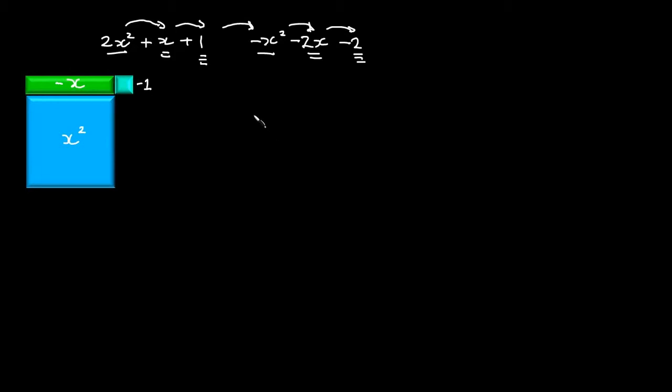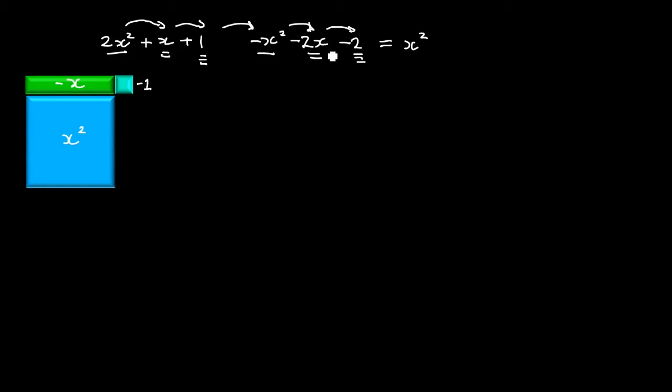Let's see if it works when we actually complete it over here. So we're gathering like terms. Let's keep going horizontally. We start with our x squared. 2x squared subtract x squared gives us just x squared, exactly as we have over here.